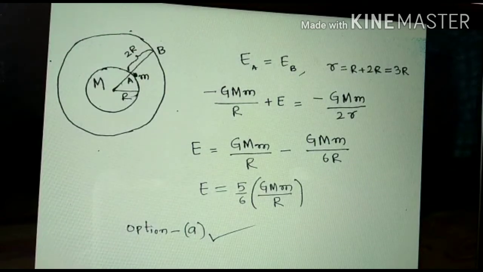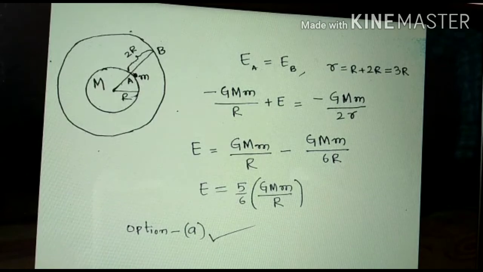This problem I can solve by using total energy conservation. Very easy. Total energy at A equals total energy at B. Initially the satellite is on the planet, it is not moving, it is at rest.